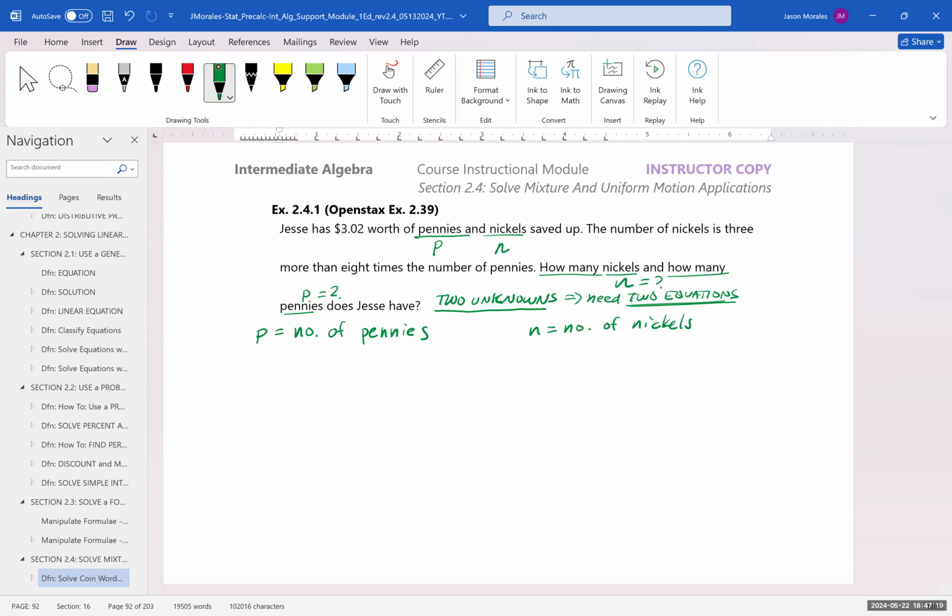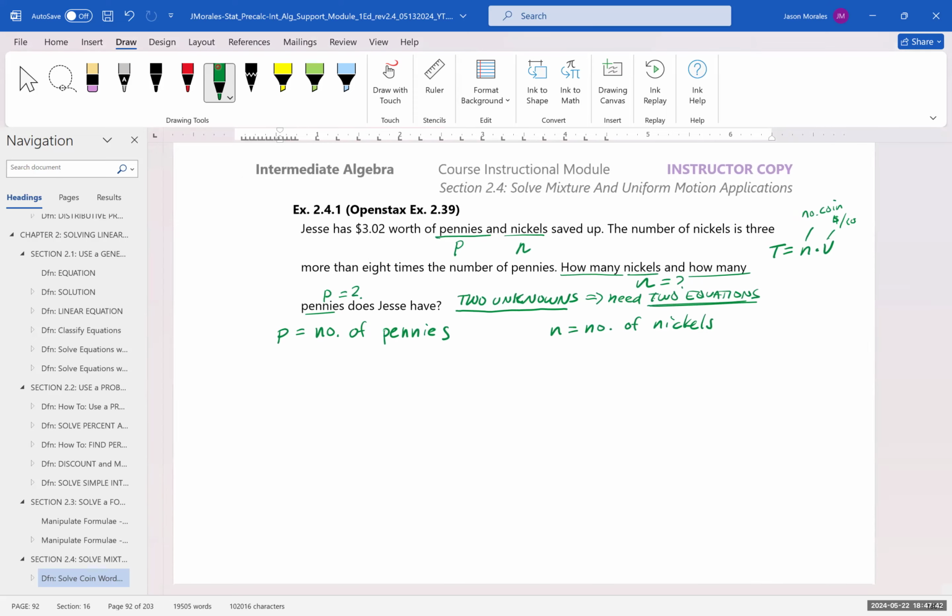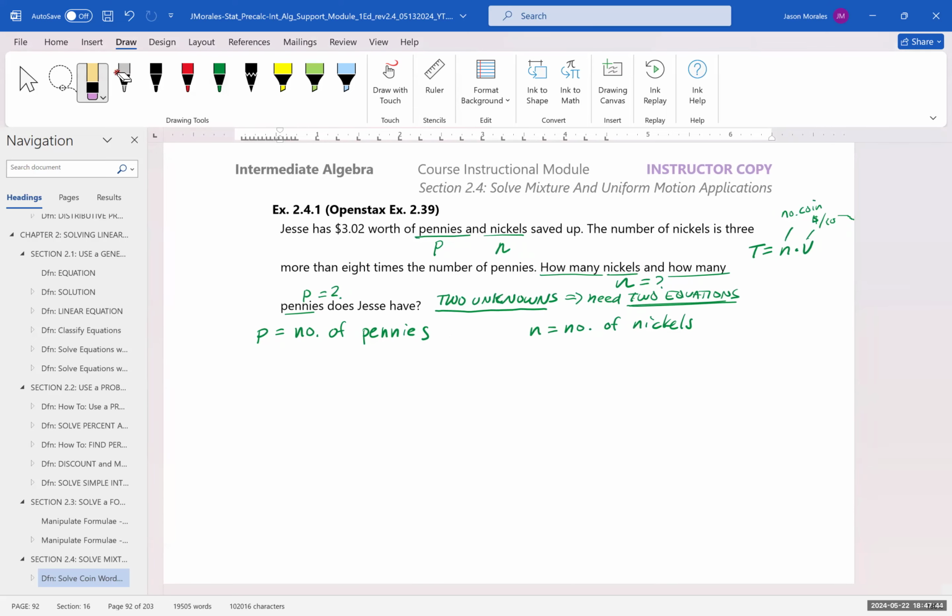Okay. Now remember the formula that I gave you, T equals N times V. N represents the number of coins, so that's the number of coins of a single value, and V is the value per coin.